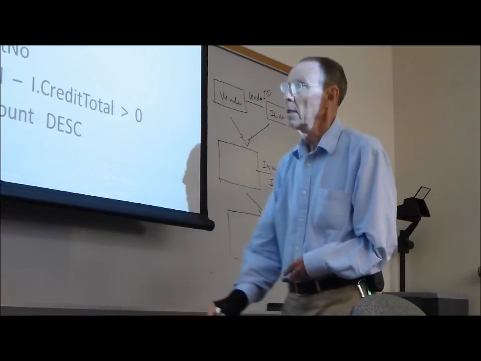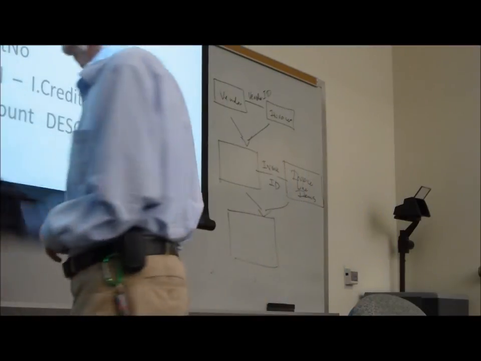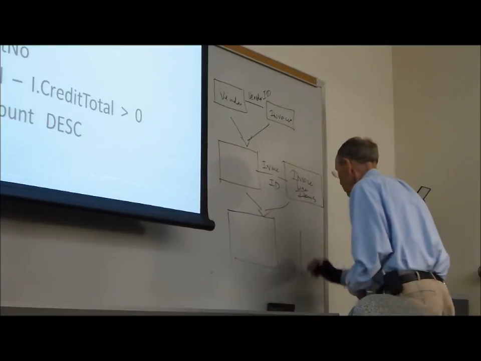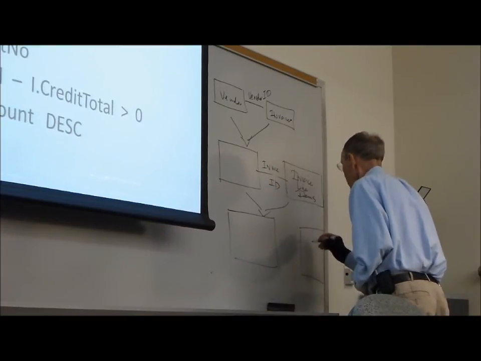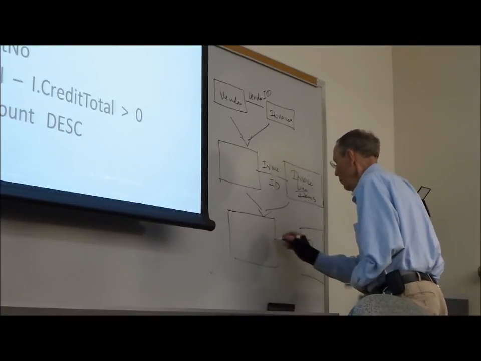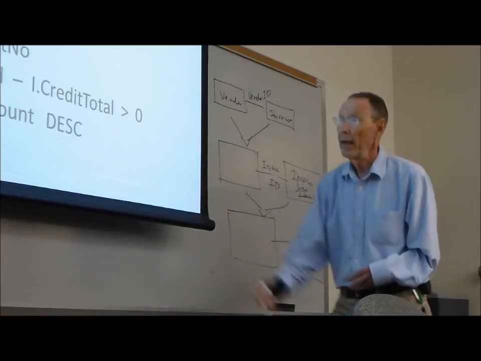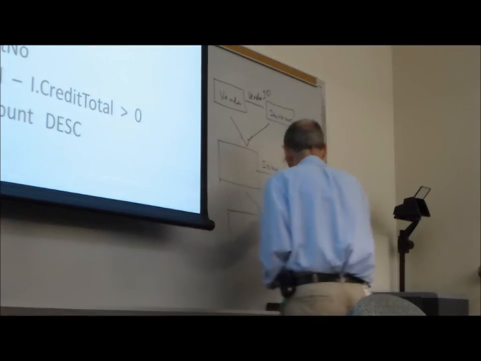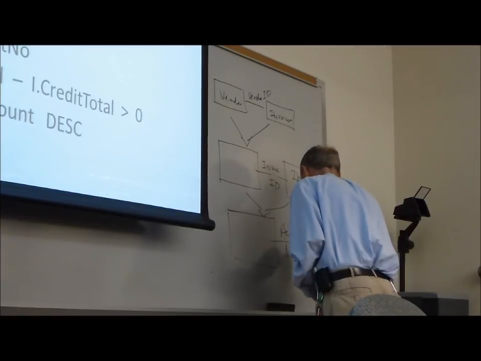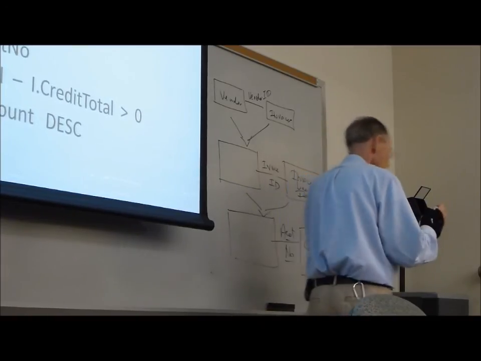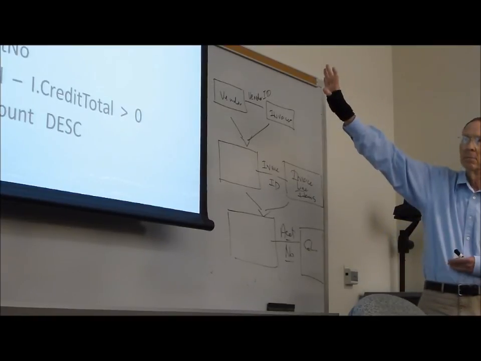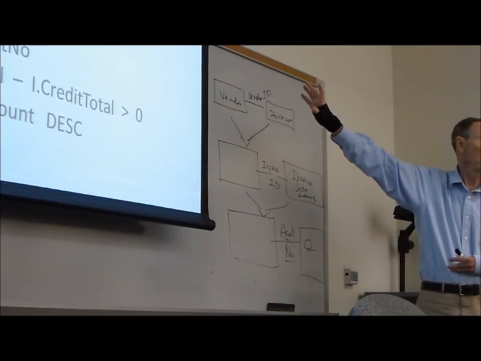So I got another intermediate table, and then finally I'm going to join that one with the general ledger, GL, and we're going to join on the account number. Now what we have is one table with the essential things that we need.